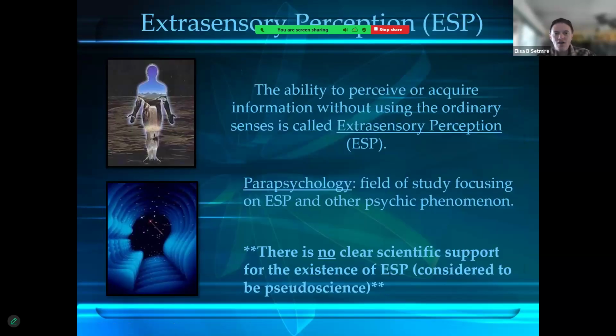One last big area within perception is extrasensory perception, or ESP, the ability to perceive or acquire information without using our ordinary senses. Sometimes we call this the field of parapsychology, where we're studying ESP and other related phenomena. As fascinating as ESP is, things like being able to read somebody's mind, tell the future, or move things with our mind, there is no clear scientific support for the existence of ESP.